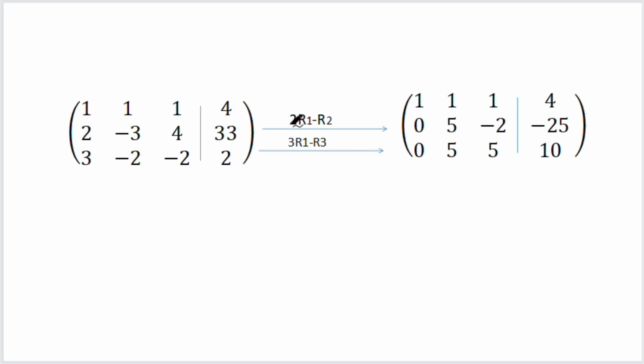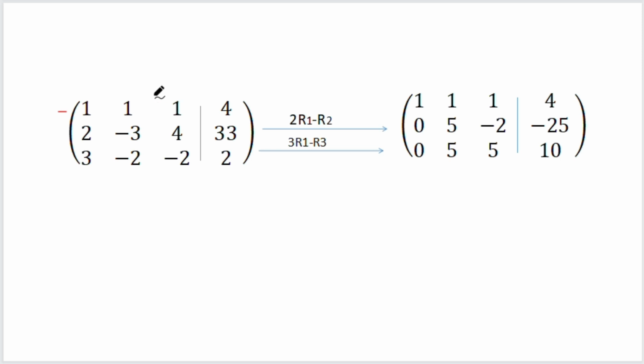Therefore, what I do is 2 times row 1 minus row 2. If I multiply row 1 by 2, I get a 2 here, minus the 2 in row 2, and therefore I get 0.